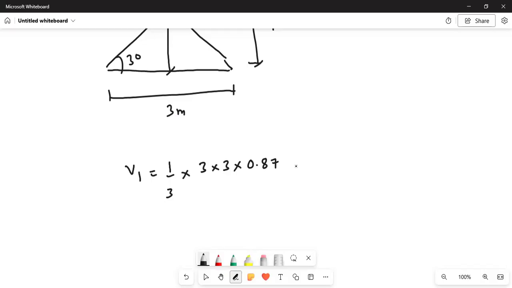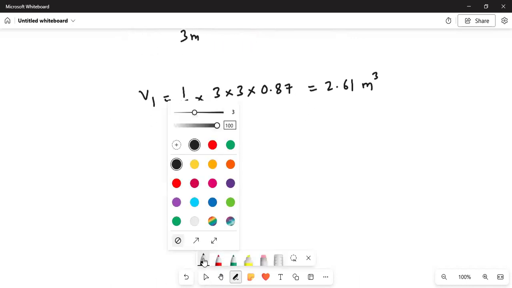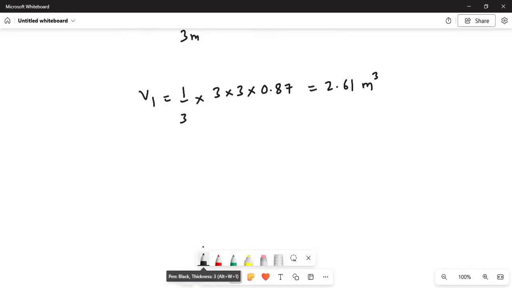V1 equals, can anyone tell me? It equals 2.61 meter cube. Okay, you got it. And you know how to find the volume of the bunker. They have given the weight of the coal, and they have given the density of the coal.